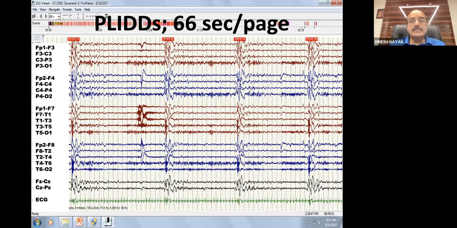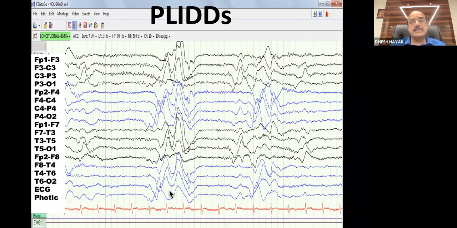Again, this is another very classical example of how an SSPE EEG will look more classically. You can see that they're not spike wave. Remember that SSPE discharges are not spike wave. They're generally very large amplitude delta waves, complex delta waves, di- or triphasic delta waves.